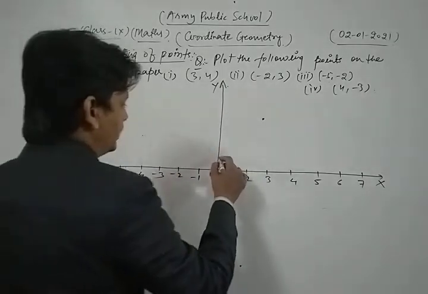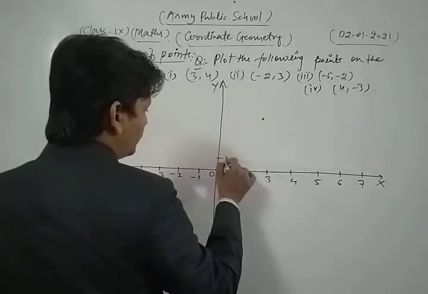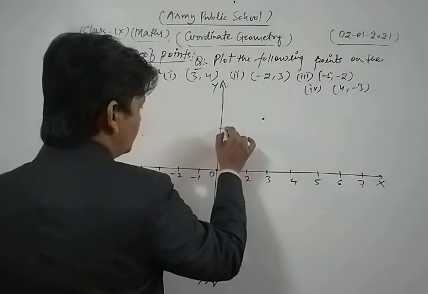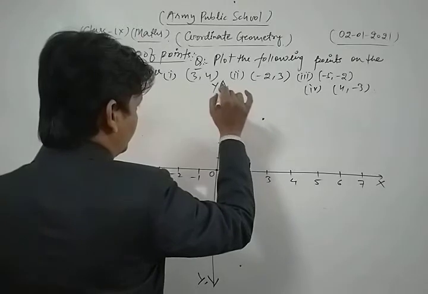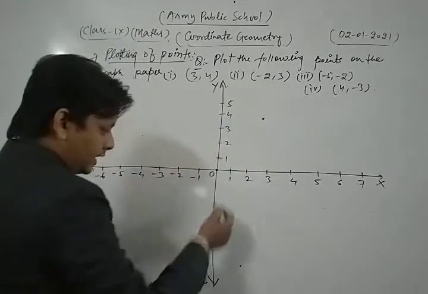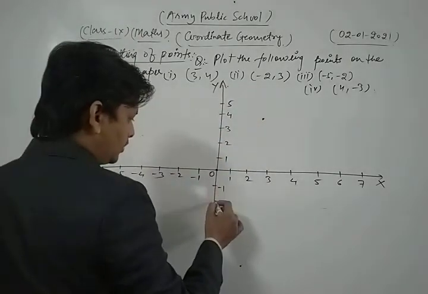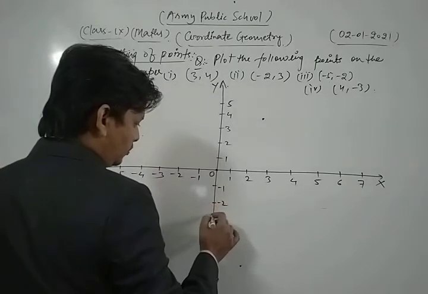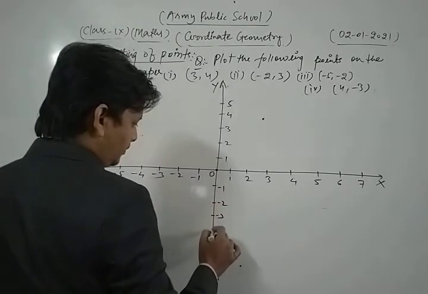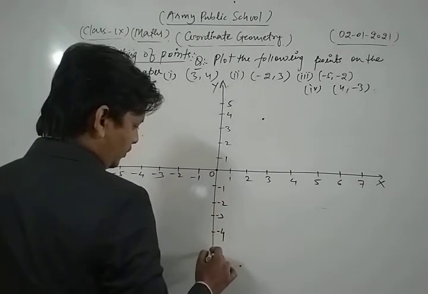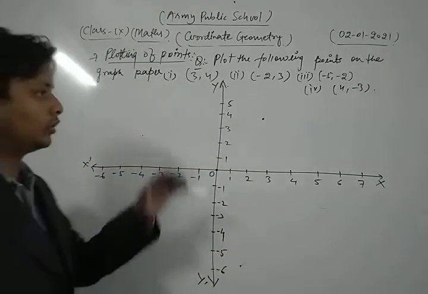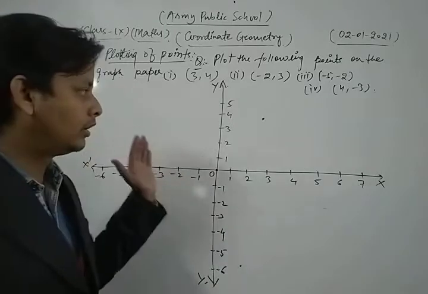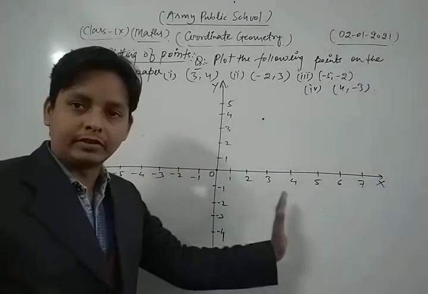Same as here, this is the positive of y: 1, 2, 3, 4, 5. Now this is negative of y, so we take -1, -2, -3, -4, -5 and -6. So first of all, on the graph paper, we mark the axes in this way.